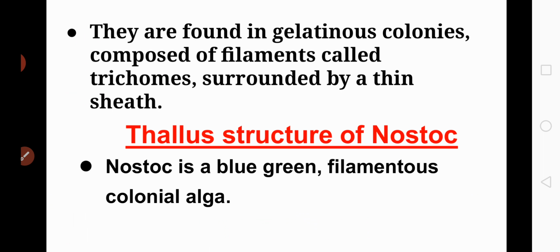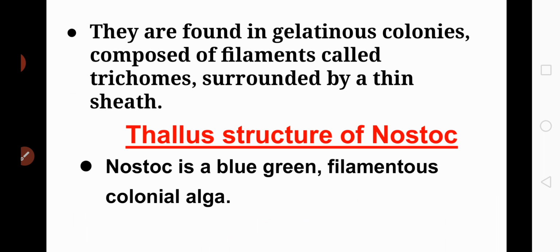The cyanobacterial members are always externally covered by a mucilaginous or gelatinous substance, and they may be found either in colonies or in filamentous structure. If they are found in colonies, each colony is surrounded by gelatinous substance, and the colony contains many filaments, and these filaments are called the trichome.